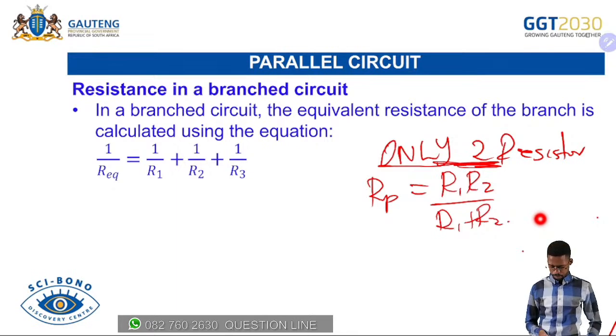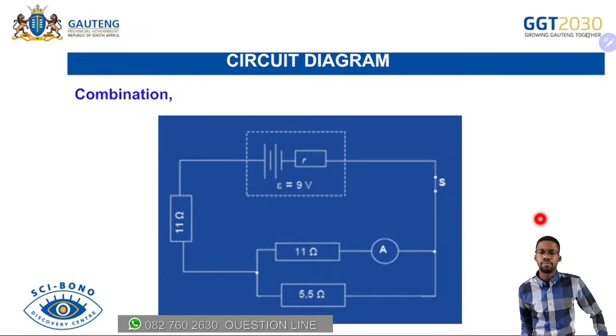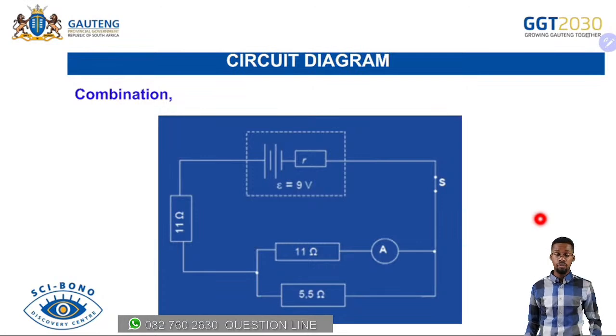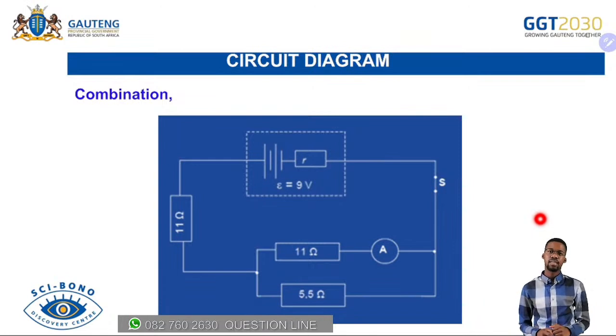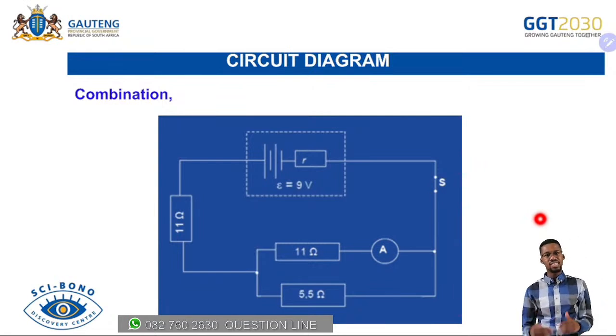Let's move on. So I have alluded to you that the combination is something that you need to expect. Since now we are going to grade 12, expect a combination circuit that has both series and parallel. So you should be in a position to distinguish: series current is the same, parallel current is divided, series potential difference is divided, parallel potential difference is the same.